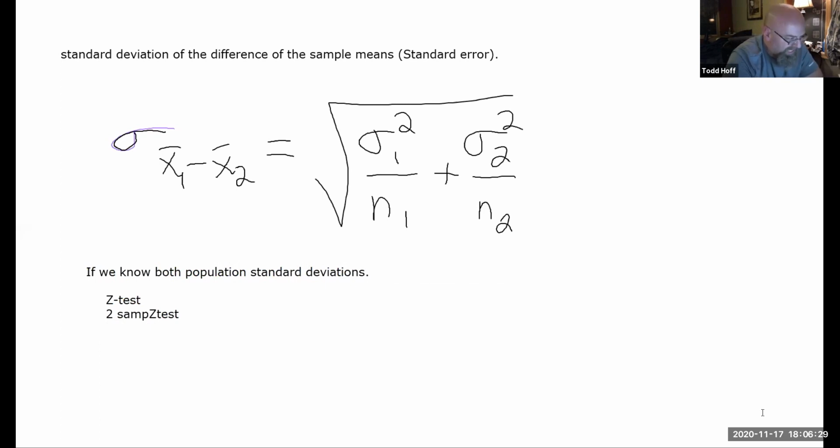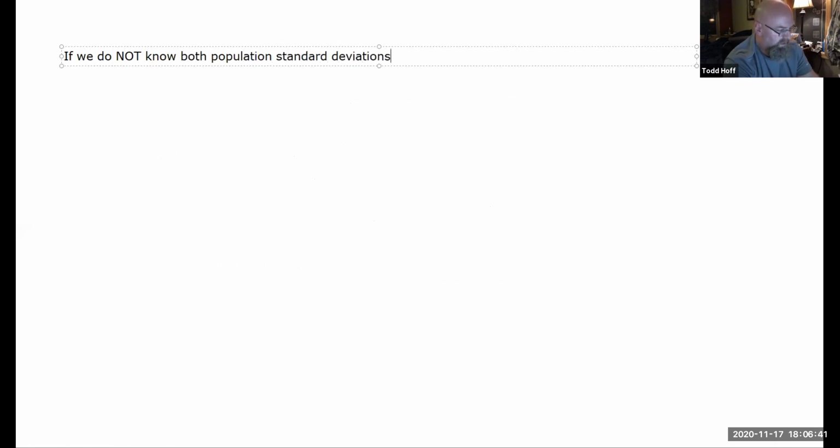If we do not know both population standard deviations, which is usually the case. In fact, Minitab doesn't even have an option for knowing the standard deviations when it's a two sample test. It just puts you straight to the standard deviations being unknown. So if that's the case, it'll be a t-test. In fact, it's called a 2-SampTTest in the calculator.